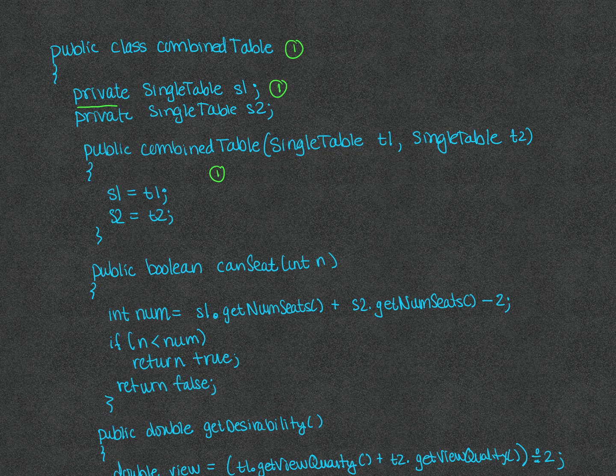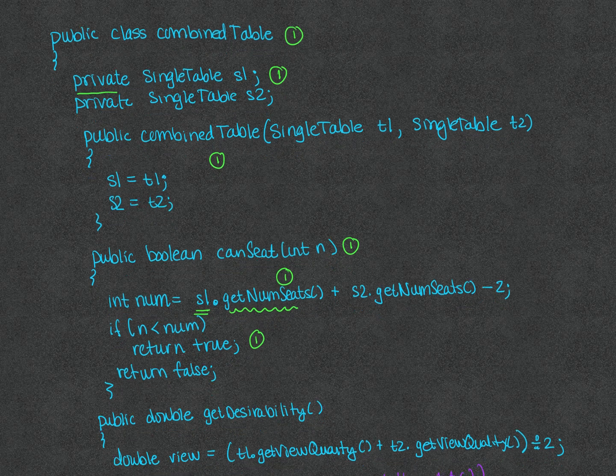The fourth point comes from the method header for can seat. The next point, use the fact that you called get number of seats on a single table object, and returns can seat correctly, either true or false.